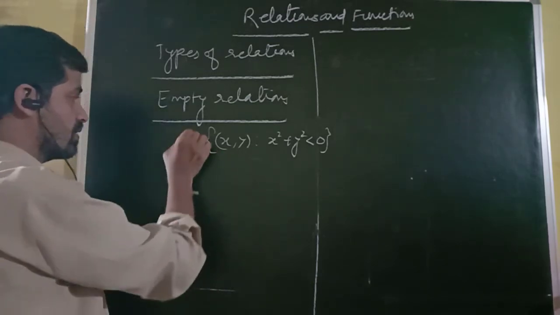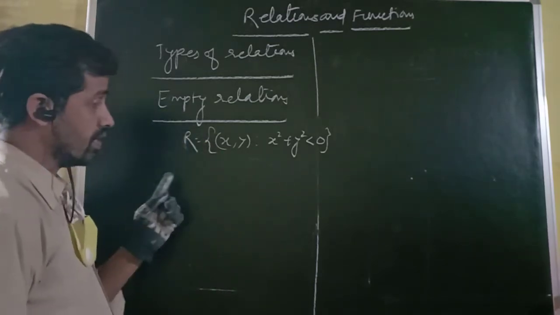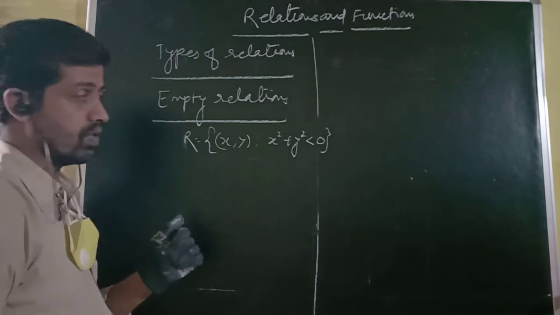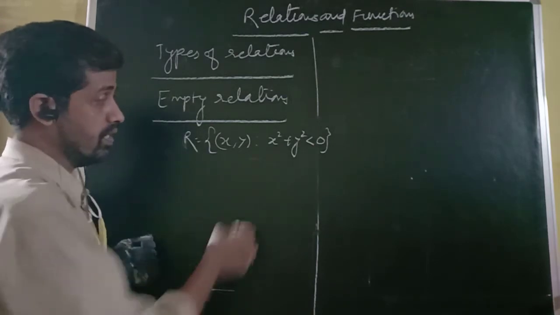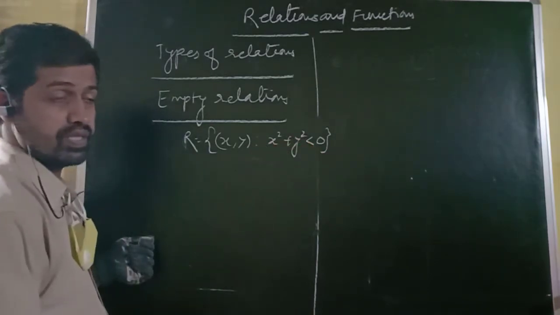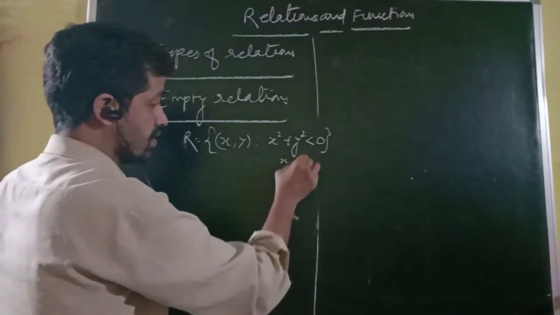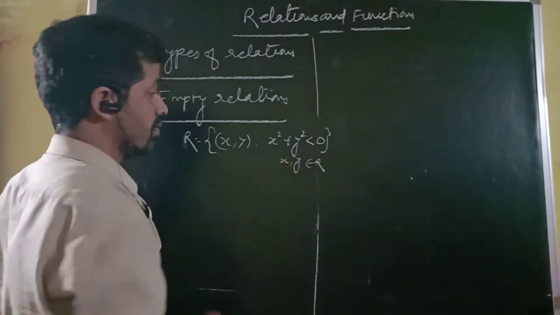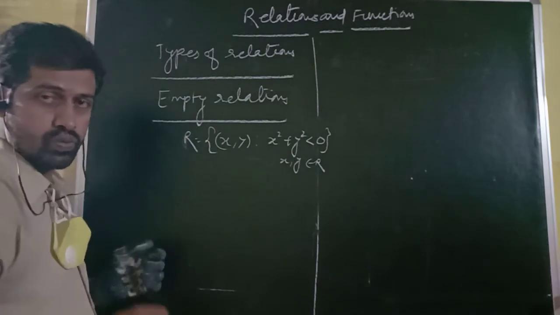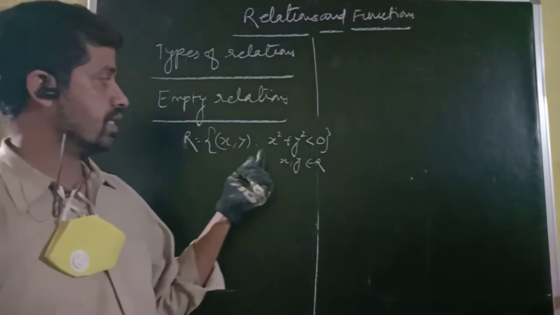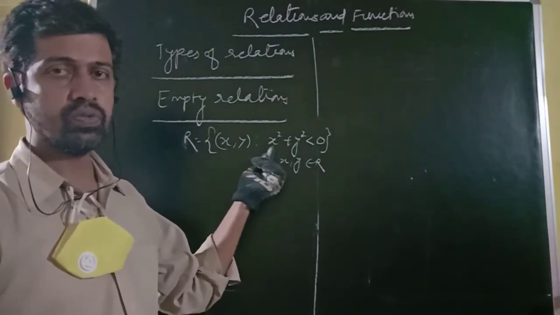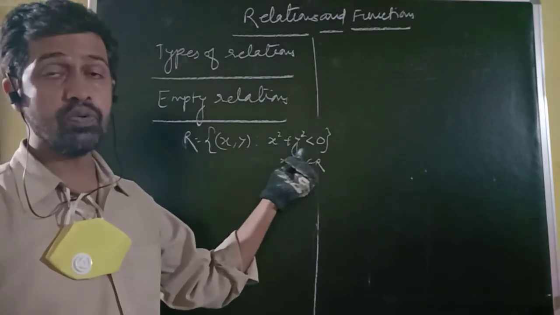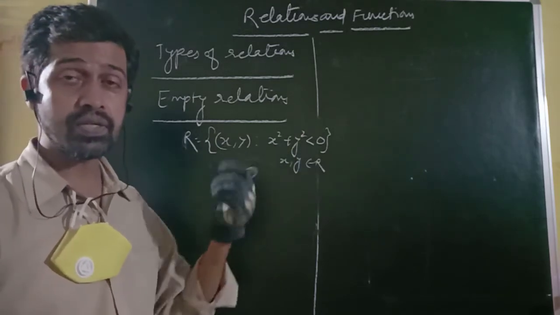This is the relation we define, containing (x, y) subject to this condition, and x and y both are real numbers. So can we find any two real numbers the sum of whose squares is less than 0?